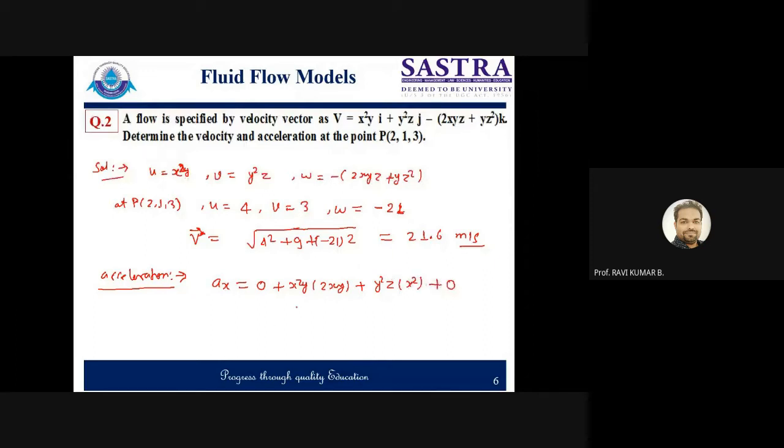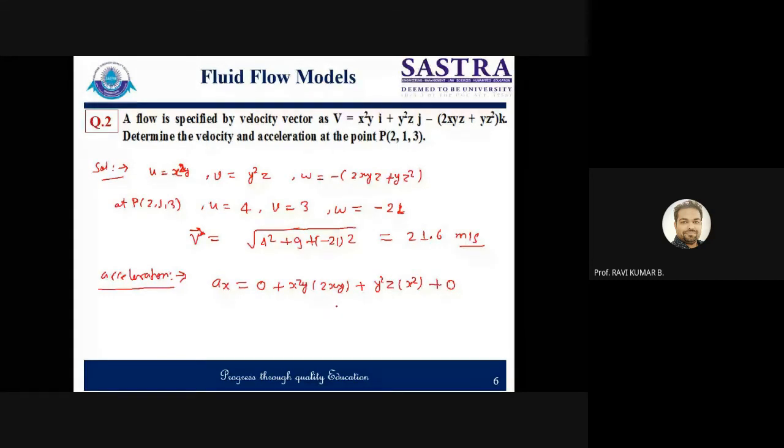So you got only these two. Just solve this, and finally ax is equal to 2x cube y square, the first term, plus x square y square and z. So this is another term.